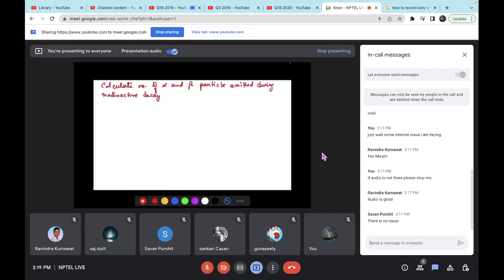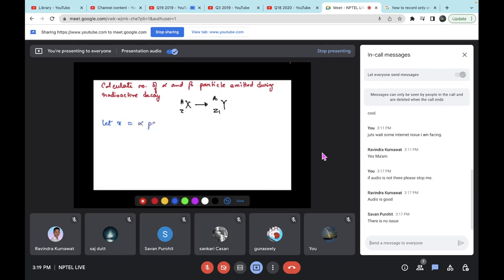Correct? So for that, let's just assume and make some expression for it. So this X element is getting decayed to Y with the change of its mass number from A to A1 and from Z to Z1. Correct?